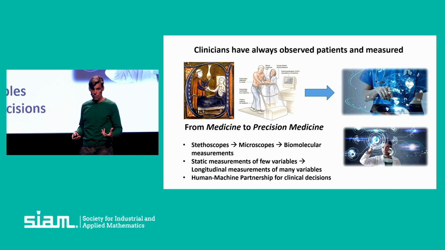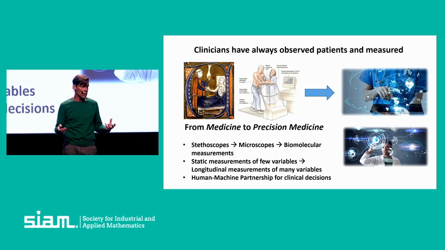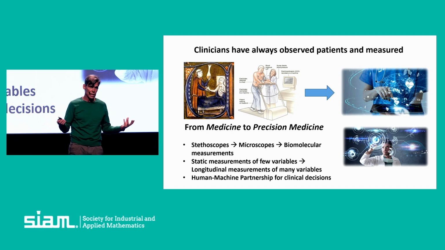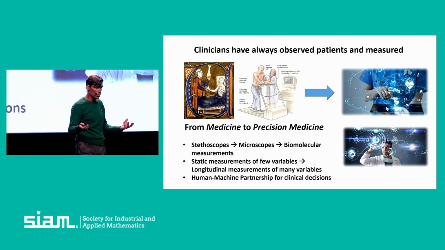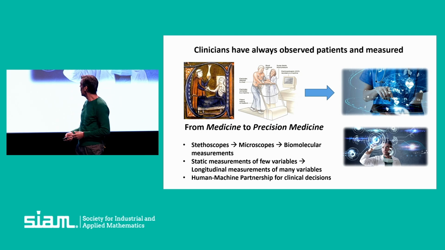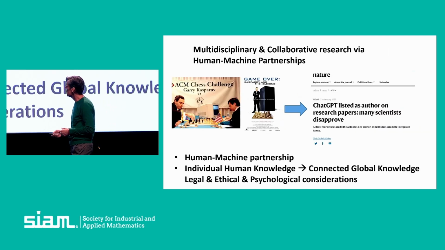To do that, we really need this human-machine partnership. There is so much data that you as a human cannot interpret, not alone. So we need a tool. We need digital assistance.